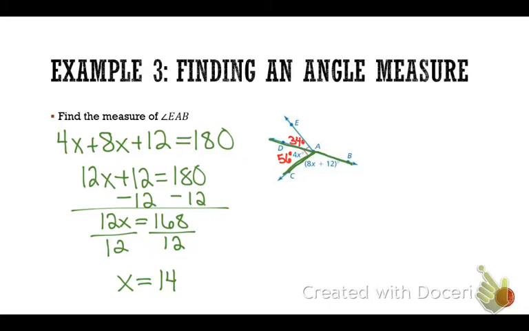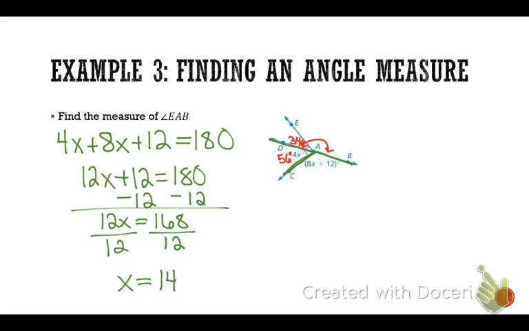Now look here. I've got this angle and this angle, EAB, which is the one I'm trying to solve for. They both lie on the straight line. So what are they going to add up to? 180. If EAD is 34, what can I do to figure out what the other one has to equal?